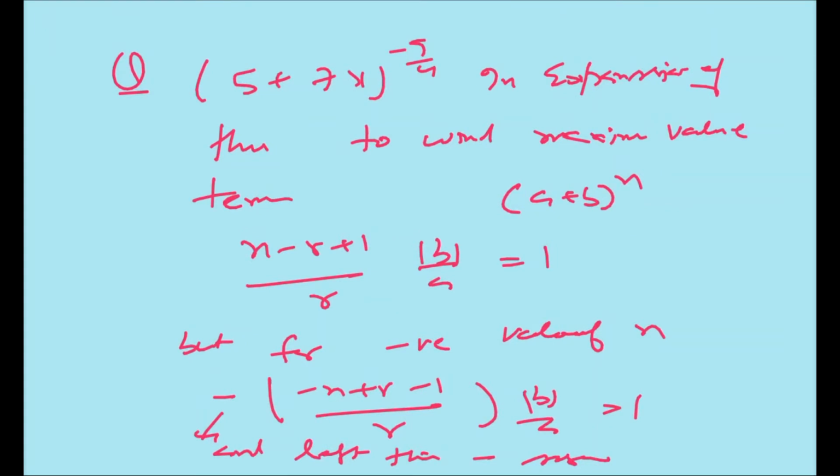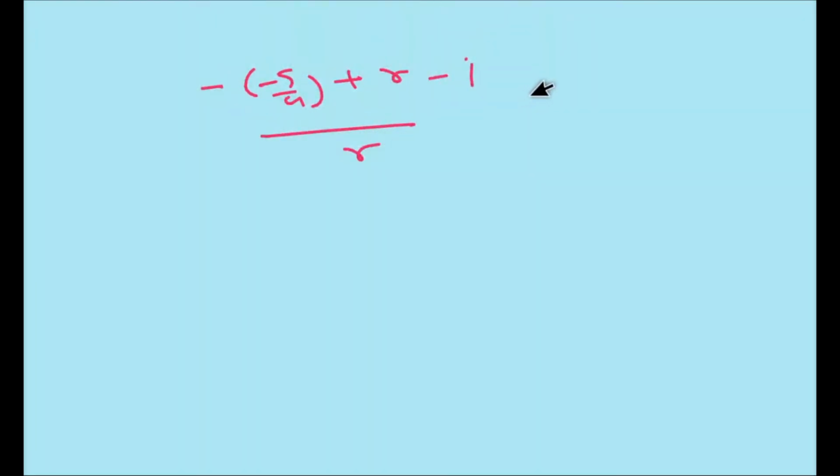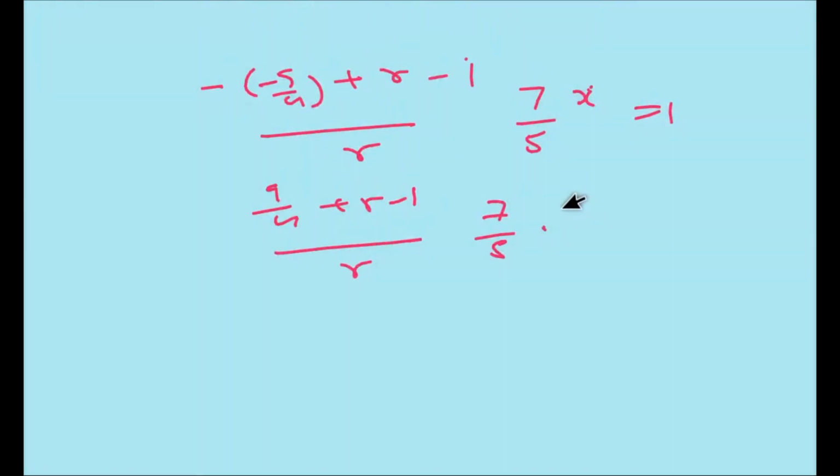So when we use this formula, minus 9 by 4 plus r minus 1 upon r, and that in our question is 7 upon 5, and the value of x is given. Our x value is 5 by 8, equal to 1.